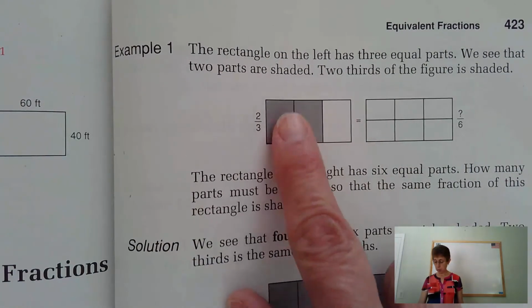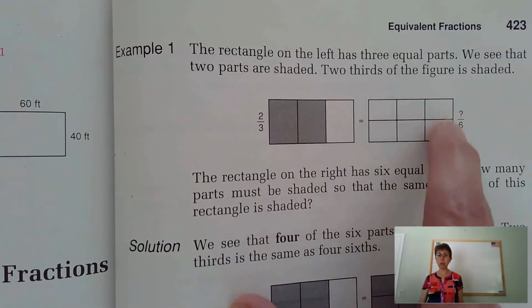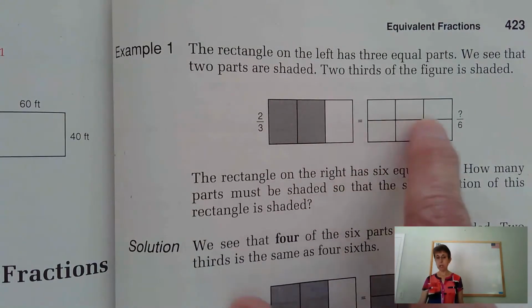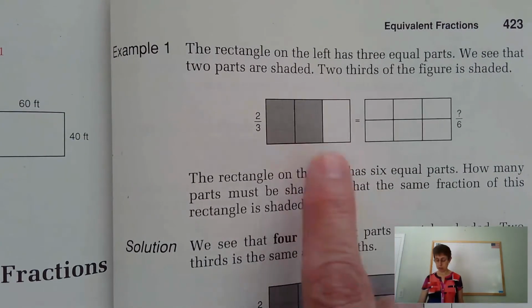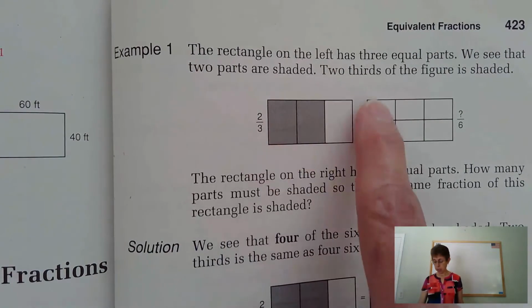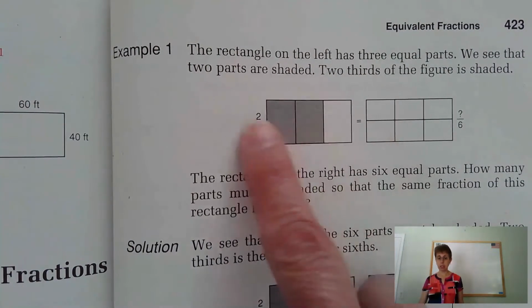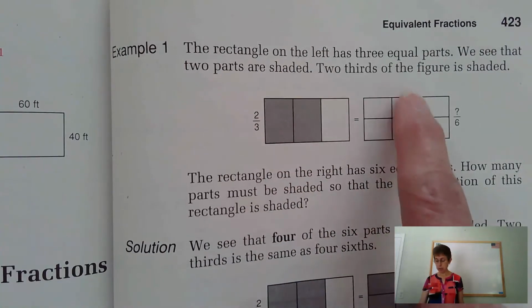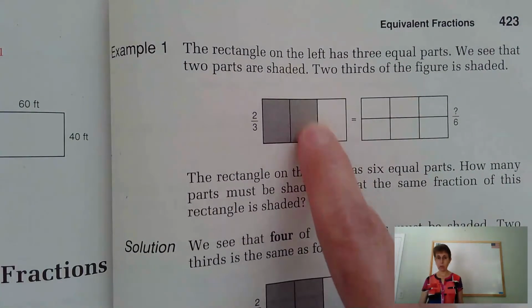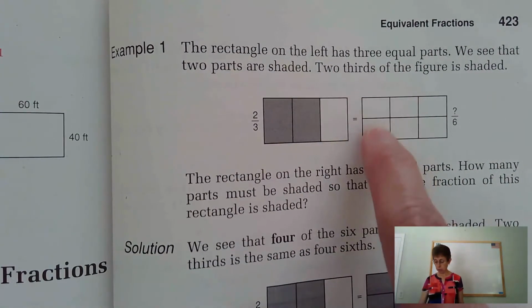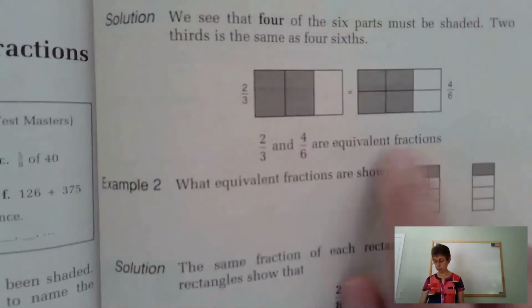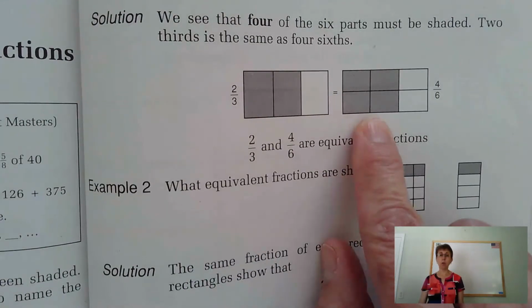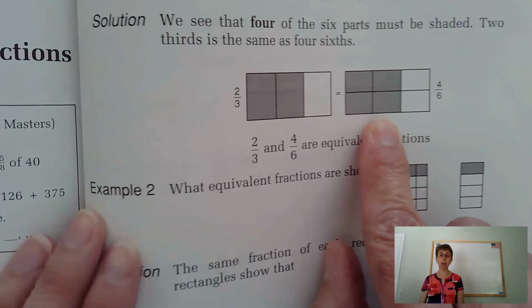Now over here, we have the same size rectangle, now divided up into 6 equal parts. And you can see that you have the original 3 parts, but now by drawing a line horizontally, we've divided it up into 6 equal parts. So you can see that it would take the first 2 sections to equal the first section here, and then the middle 2 sections to equal the second piece here. So if we've shaded in those 2 sections, what we have shaded in is 4/6 of that rectangle.